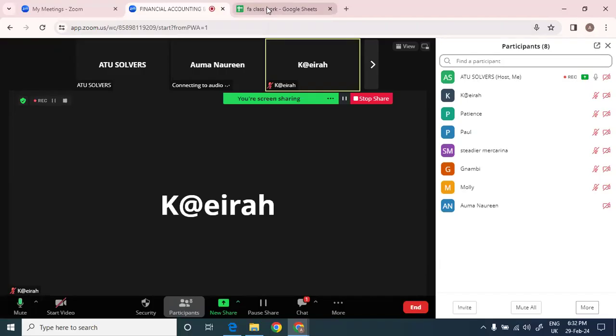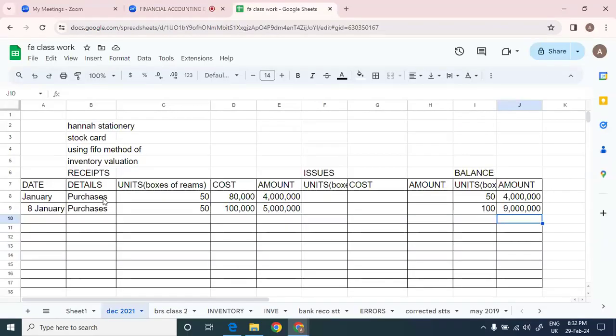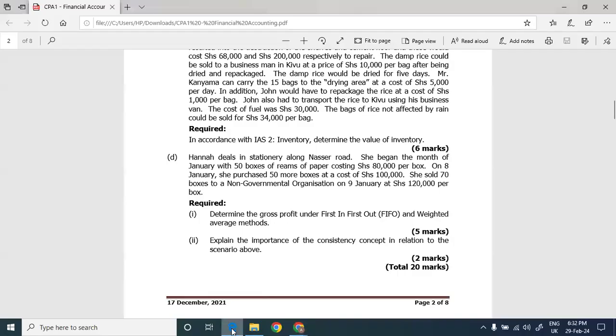So we are saying that we've seen 2 purchases. These are receipts, 50-50. All of them are making 100 and they are costing us 9 million. Let's continue. You see, it was given 5 marks. They're saying that she sold 70 boxes to non-government organizations on 9th of January.